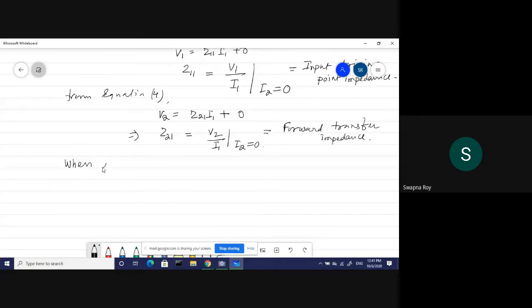When the input port of the two-port network is open circuited, that means I1 is equal to 0.